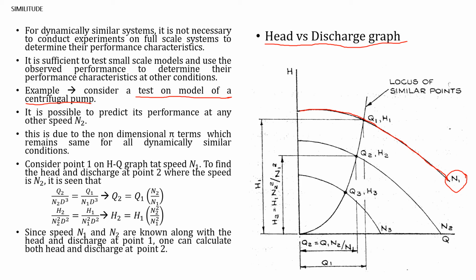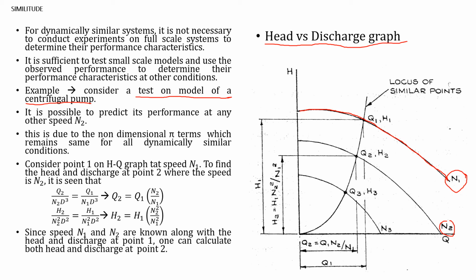So now for N2 speed, again you need not conduct the experiment. From whatever graph I got for N1, and using the concept of similitude, I can get the head and discharge for the same centrifugal pump at N2 speed.